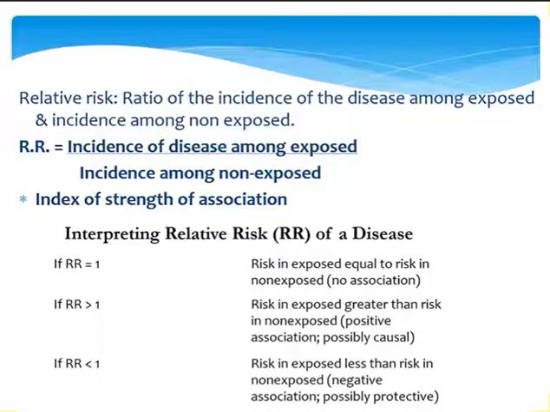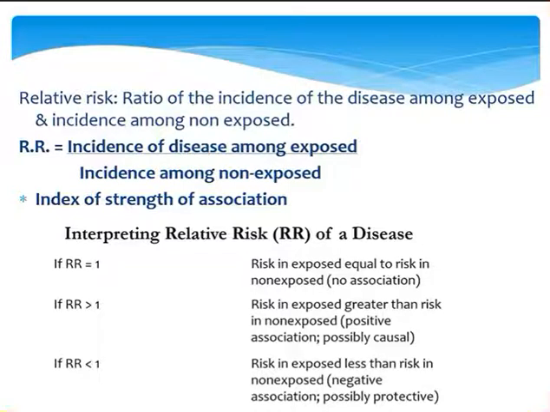If relative risk is more than 1, then the risk in exposed is greater than the risk in non-exposed. So there is a positive association which could be causal in nature. If the relative risk is less than 1, then the risk in exposed is less than the risk in the non-exposed. So there is a negative association between exposure and outcome, which could be protective in nature.